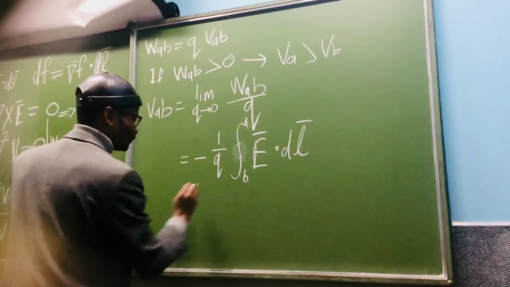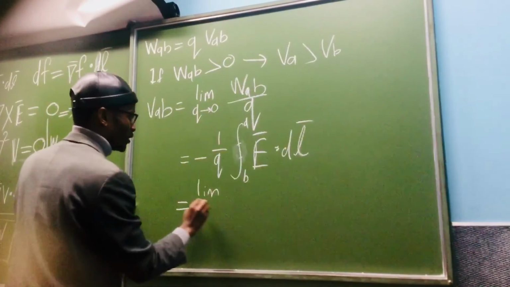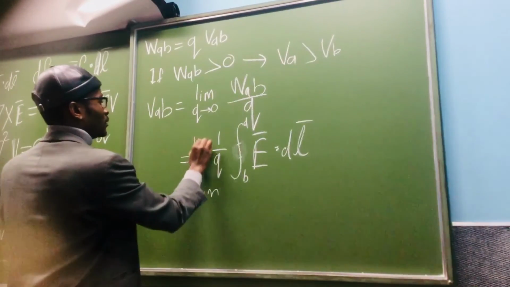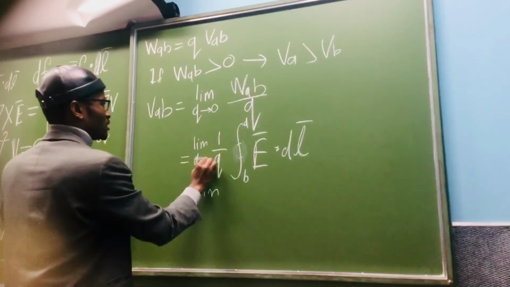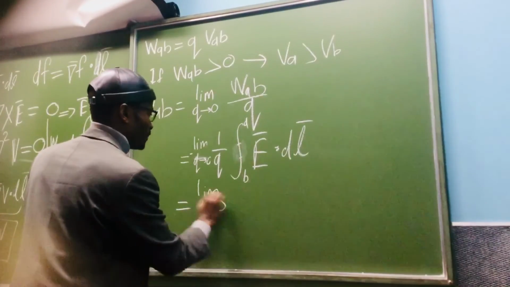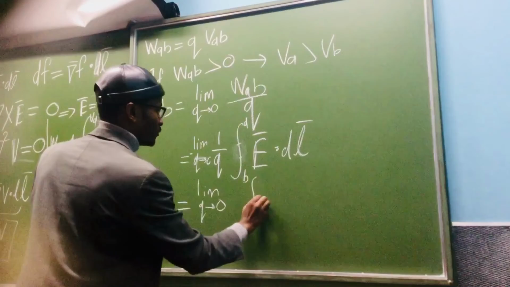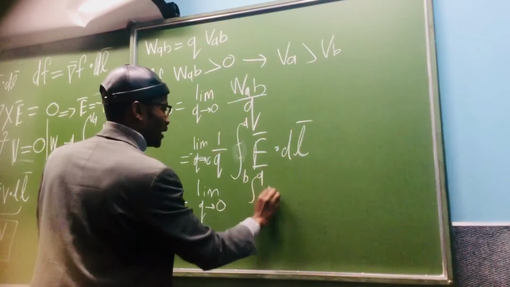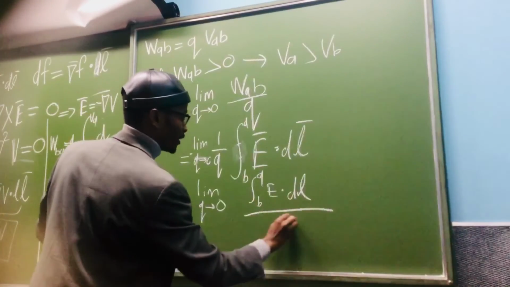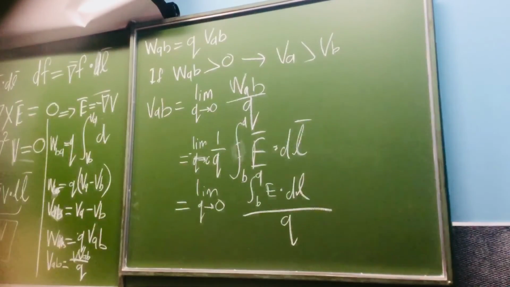The limit, I don't know why I removed the limit, so let me put the limit back here. The limit that q approaches 0 is then the integral from B to A of E dot dl over q. This is the case.